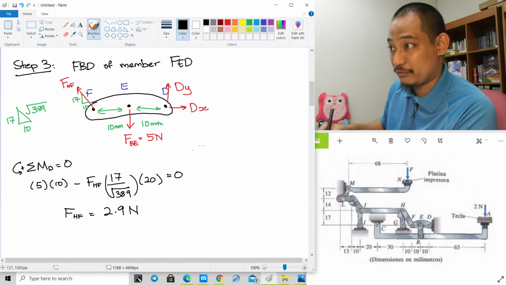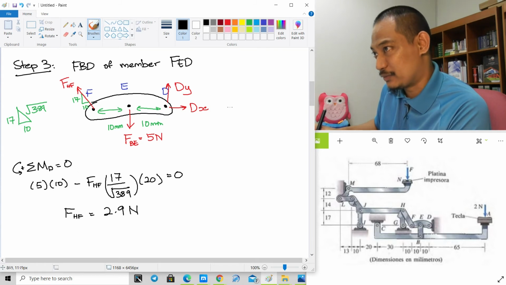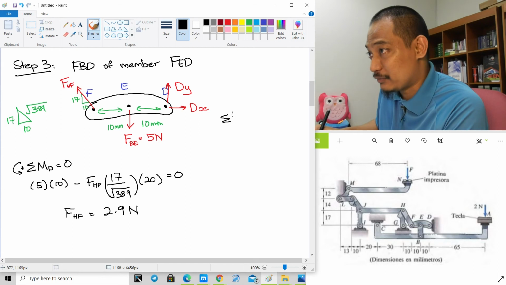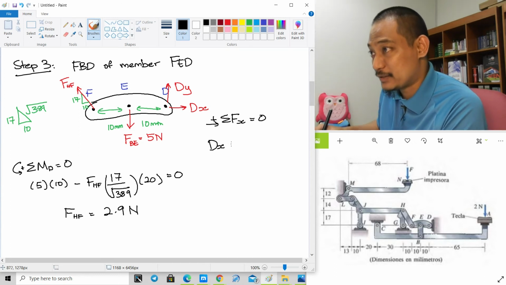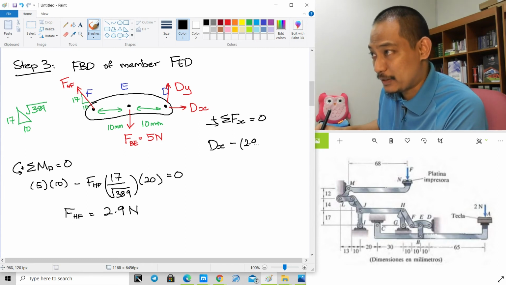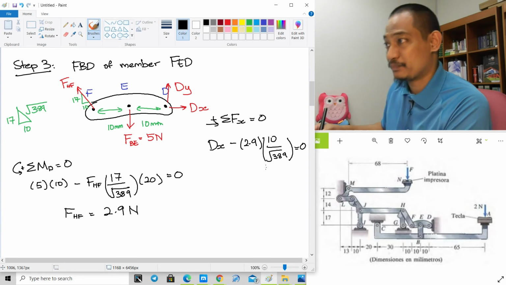After we have established that one, we can continue on this side. I'll use this one, even though it's the upper side, because it's a continuation. Summation of Fx equal to 0, taking right as positive. So we have Dx minus FHF, which is 2.9 just now, times 10 over square root of 389 equal to 0.